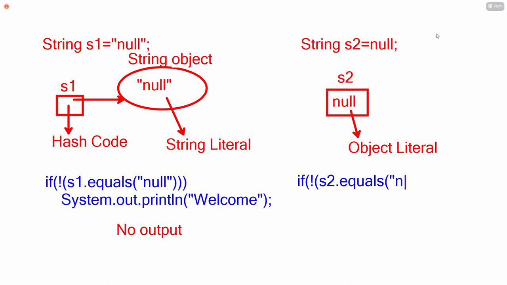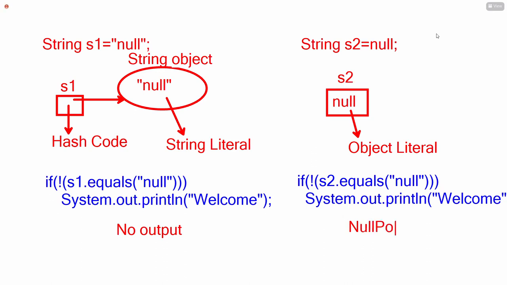Write this one. This type of logic in core Java is possible in many ways. Advanced Java, what is there? Everyday library only. No other things. It is null pointer exception.